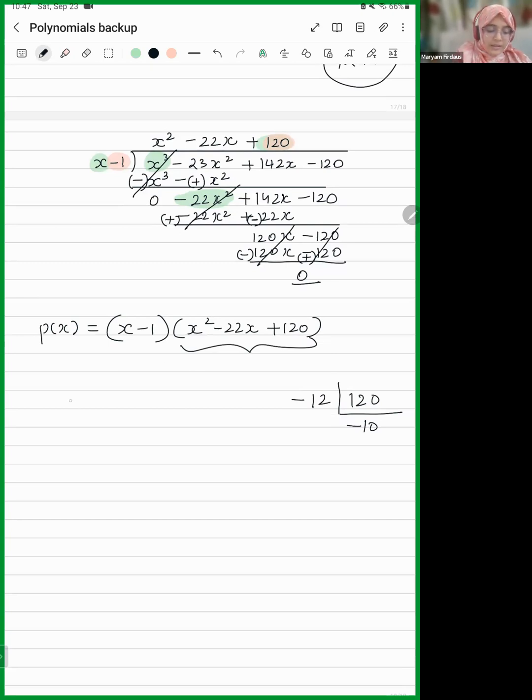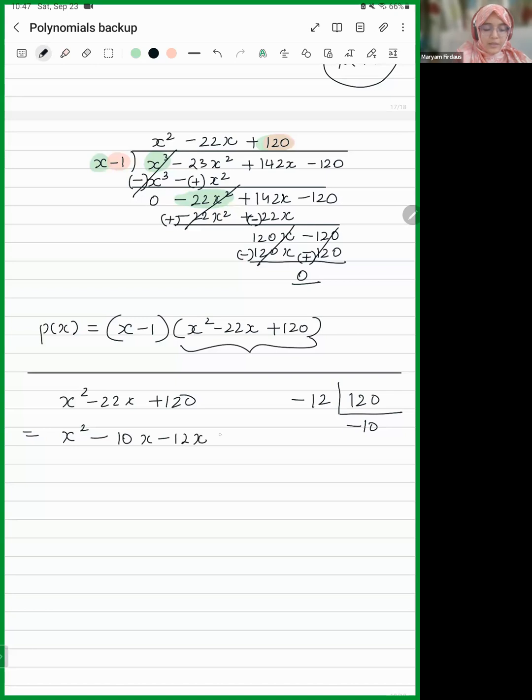So this can be written as x square minus 10x minus 12x plus 120.